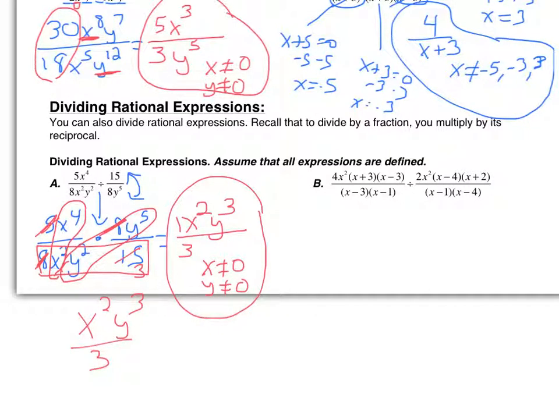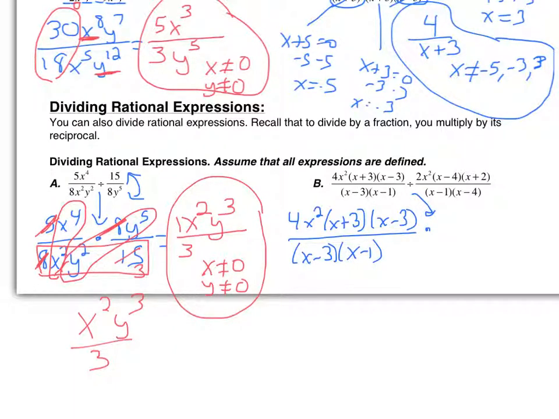In letter B, I'm going to write 4x squared, x plus 3, x minus 3, all over x minus 3 times x minus 1. First fraction stays the same. Second fraction changes to multiplication and by the reciprocal. So I move x minus 1 and x minus 4 on top.